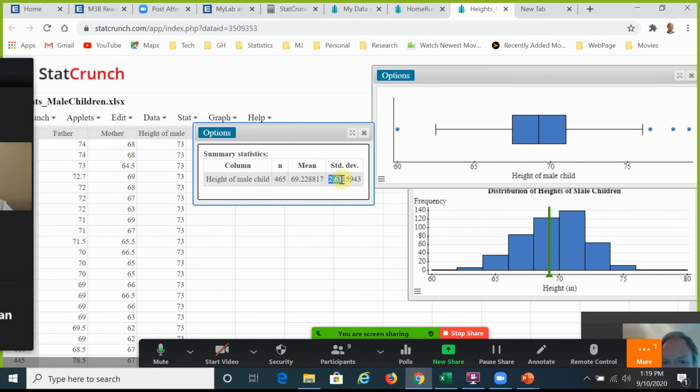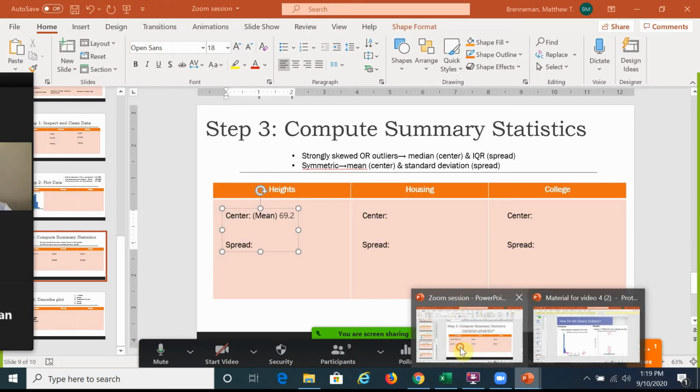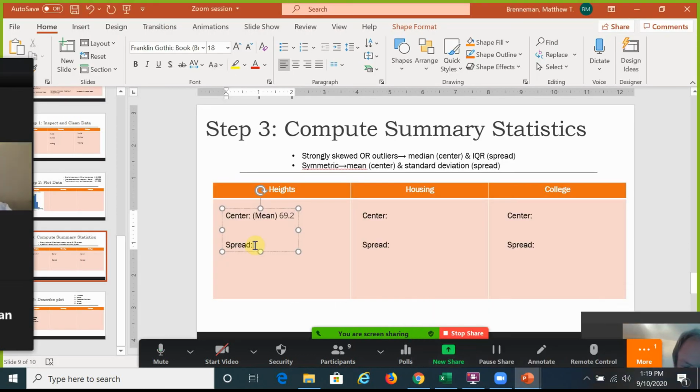How many decimal places depends a little on the application. I'll always tell you on an exam. Standard deviation, and its value is this. And of course, we should put units. The next person would be like, 69.2 what?